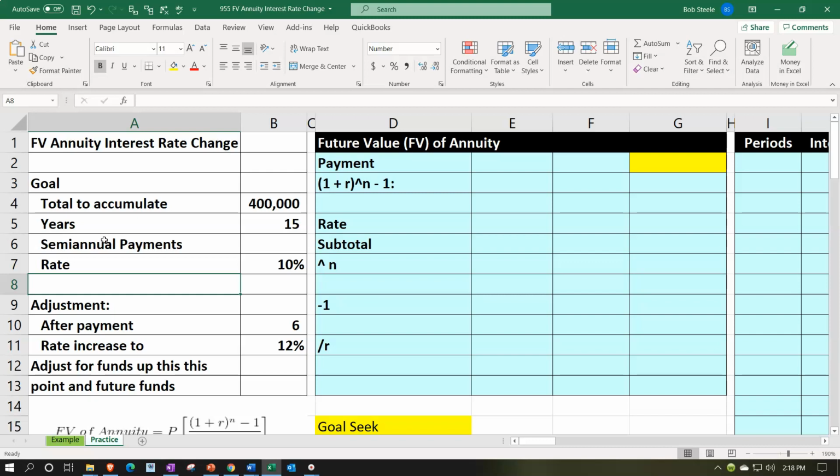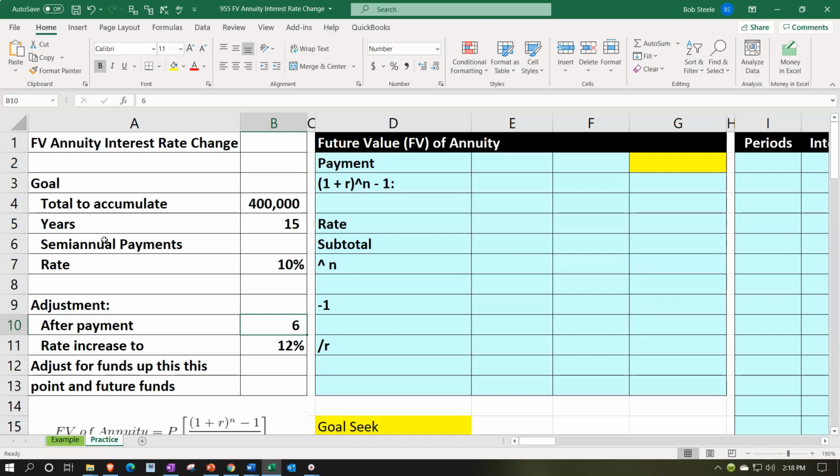Then we're going to assume that there was an issue in that we now think that the rate increased to 12%, in the middle of our problem. So we're going to say 6 payments in, we have now decided that the rate should be 12% as opposed to 10%. And we have already calculated the annuity at the 10%. So what type of adjustments would we need to be making at that point in time?